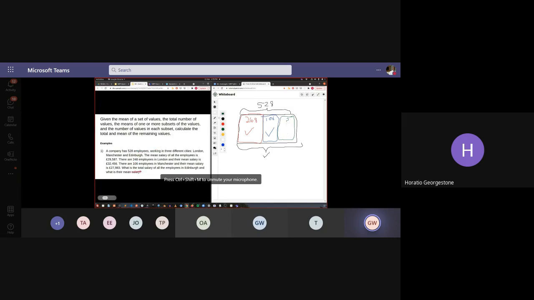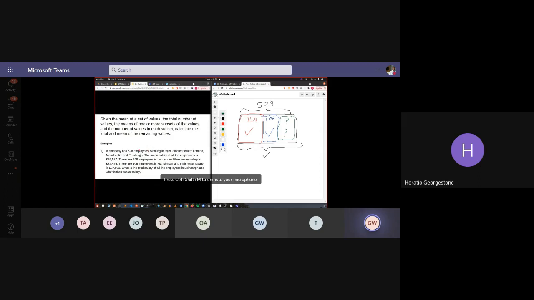We're also not told the mean salary of the employees in Edinburgh, so that's what we're trying to find. And we're also asked to find the total salary. If we find the total salary and we know the number of employees, then we can find the mean salary because it's just total salary divided by number of employees. When I say total there, I mean total for Edinburgh.